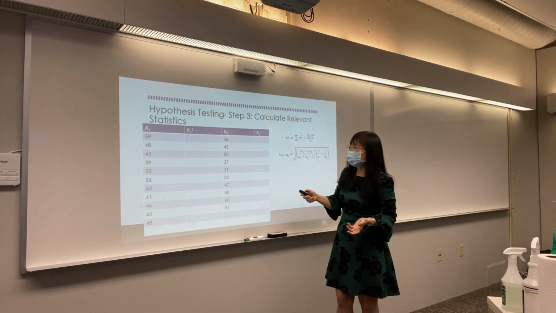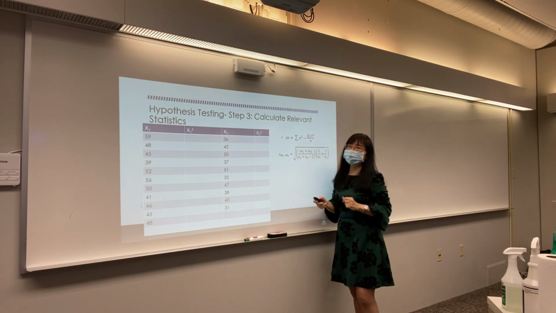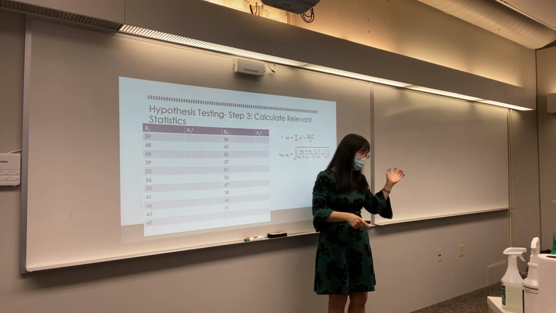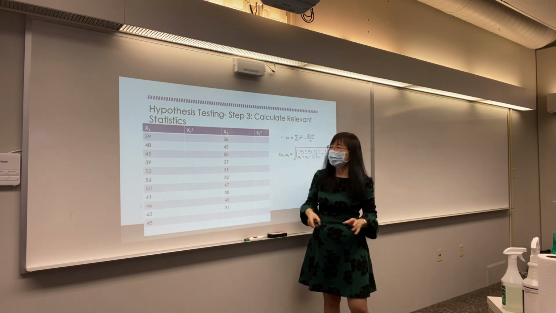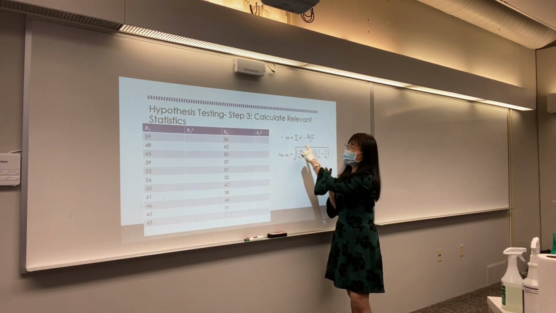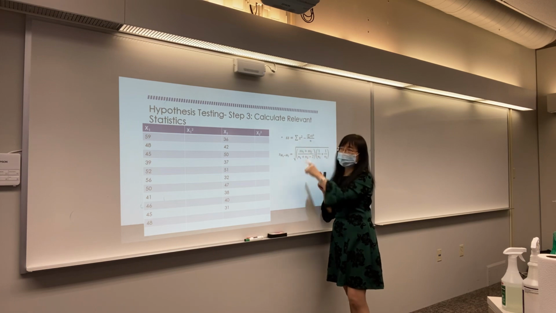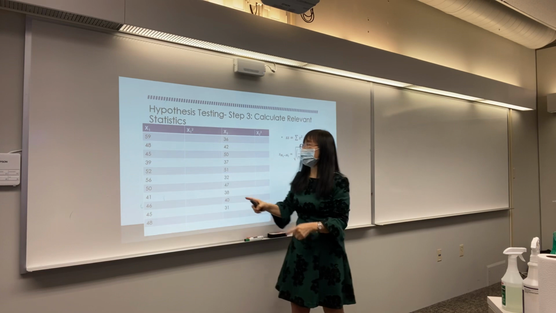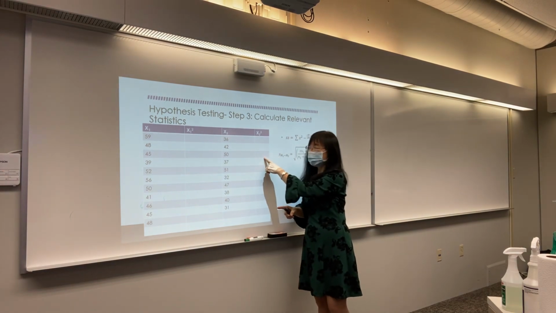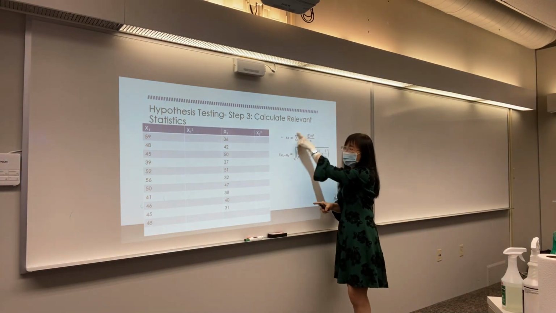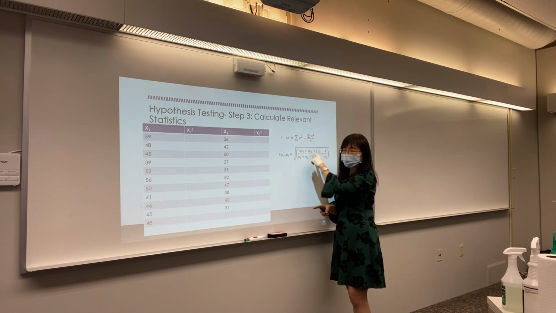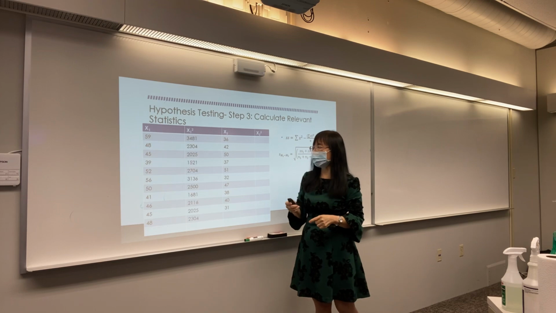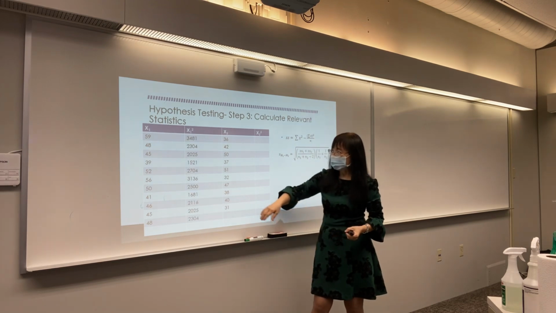Now we have to start our calculation. This is also a part where you need to be very, very careful. In your formula, you already know you need these numbers squared. Because the numbers are so big, I'm not expecting you to calculate here.